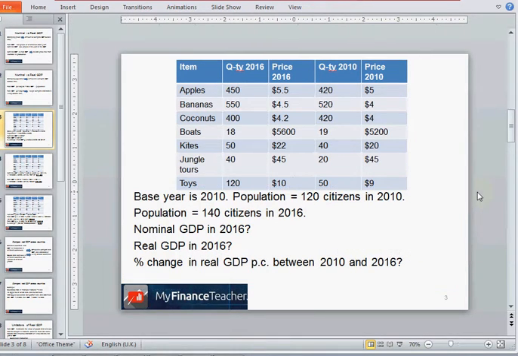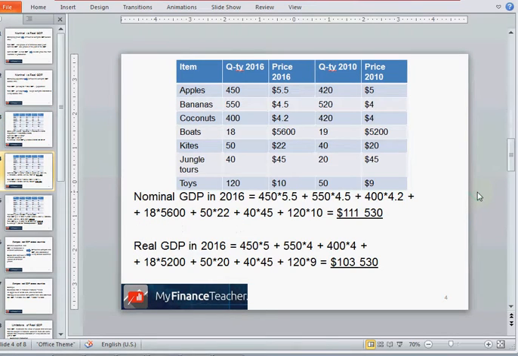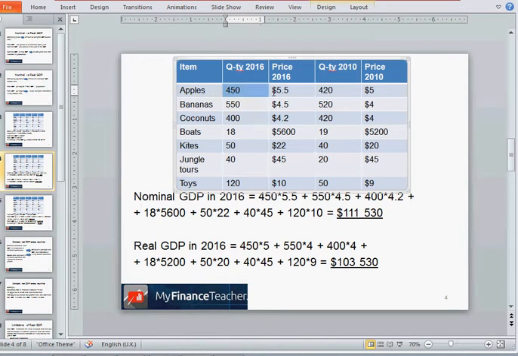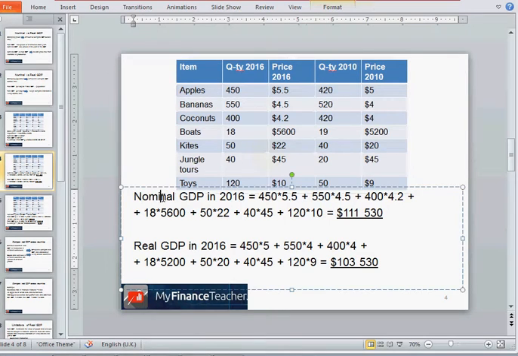Let's start with the nominal GDP in 2016. That would simply be the multiplication of the quantities of these products produced by their current prices in 2016. And the sum of all of those multiplications will give us the nominal GDP in 2016.